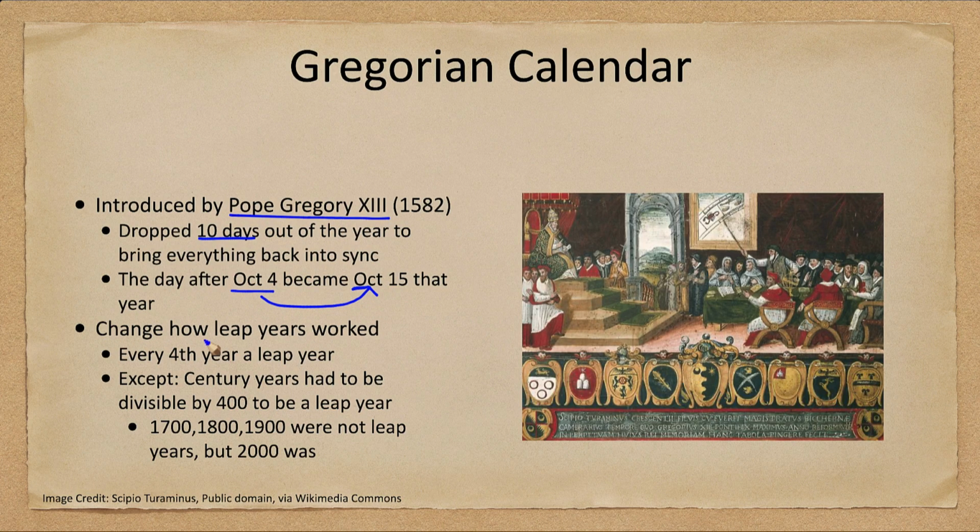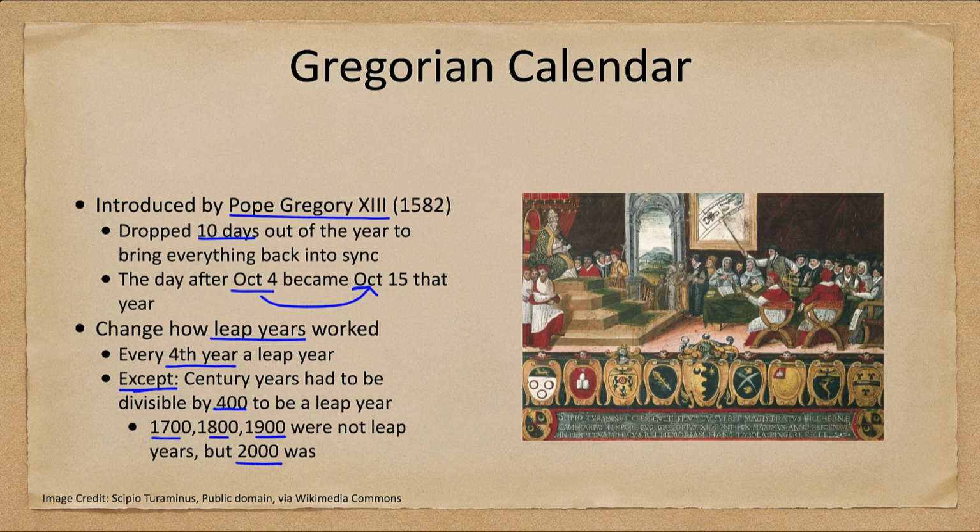And we also changed how leap years work. So every fourth year is a leap year, just as in the Julian calendar, except century years have to be divisible by 400 to be a leap year. That was not the case in the Julian calendar. So in this case, 1700, 1800 and 1900 were not leap years, but 2000 was. 2100 will not be a leap year.